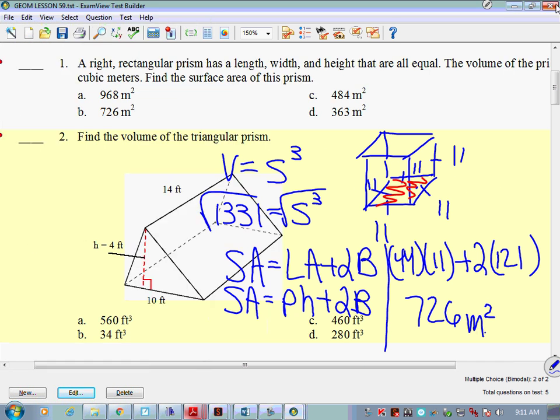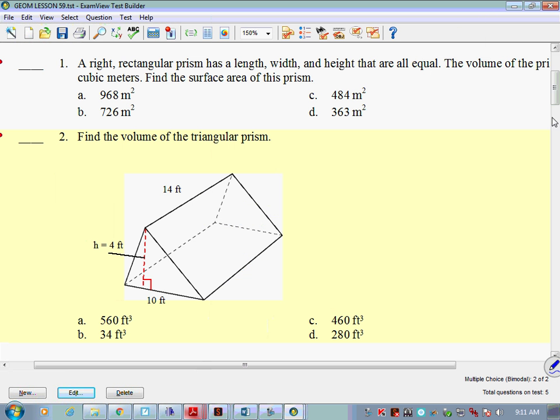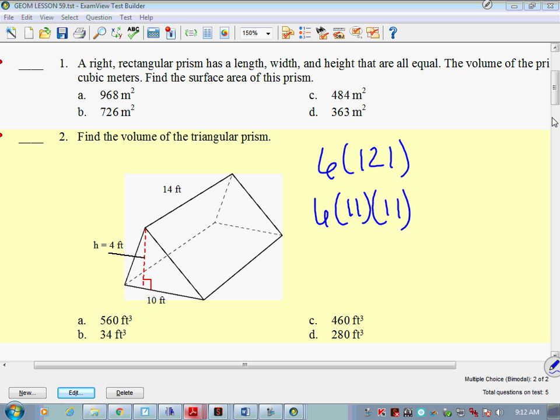Now, there is another way to do this, just because I know it's a cube and I know that surface area is the area of all faces. A cube actually has 6 sides, and all areas are congruent. So if I know that the area of one side of a cube is 11 by 11, so it's 121, I could take 6 times 121, or 6 times 11 times 11, okay?